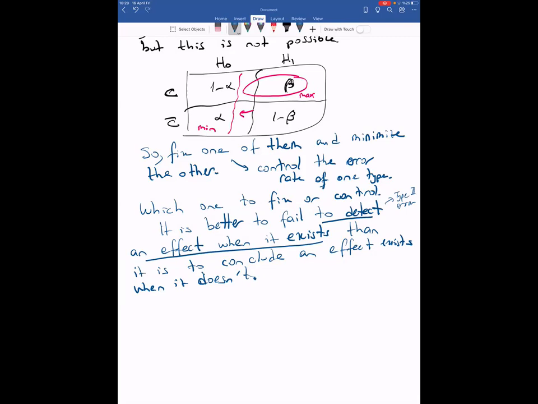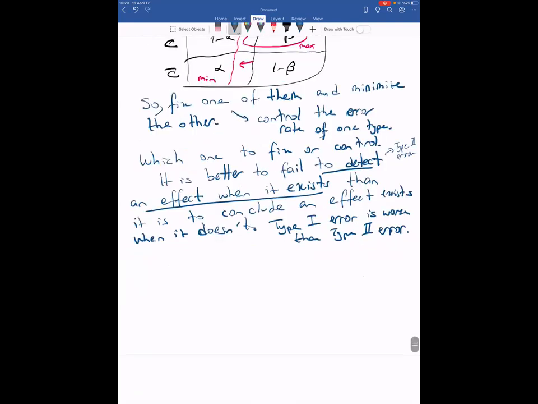So in this case, the whole theory is based on the case that the type 1 error is more important. Type 1 error is worse than type 2 error. All theory is based on that.